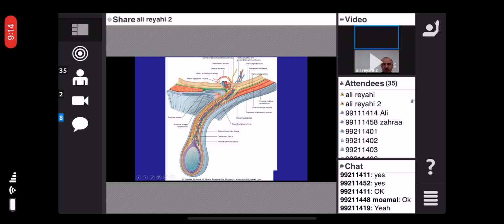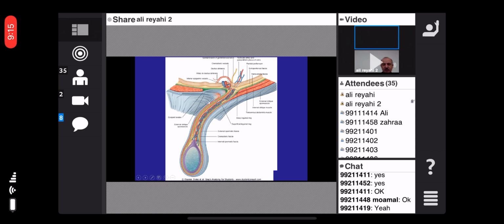Okay, this is the ductus deferens, and this is the nerve. This is the genital branch of the genitofemoral nerve. I will explain about this nerve in the next lecture.